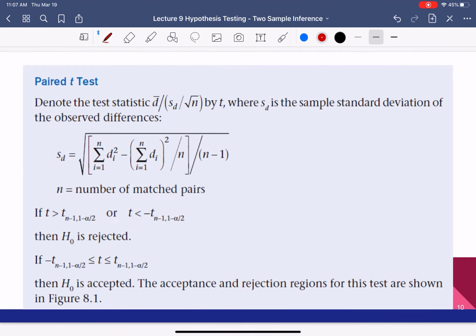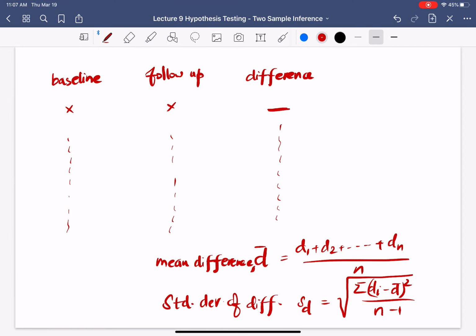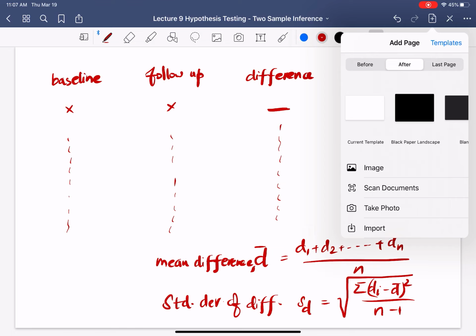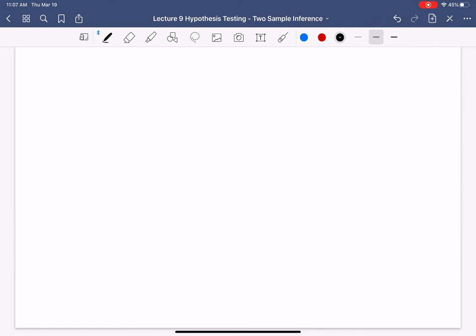Now, once we have the mean difference and the standard deviation of the difference, we then consider the t statistic.